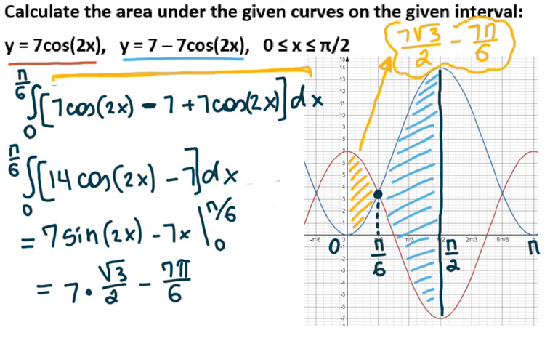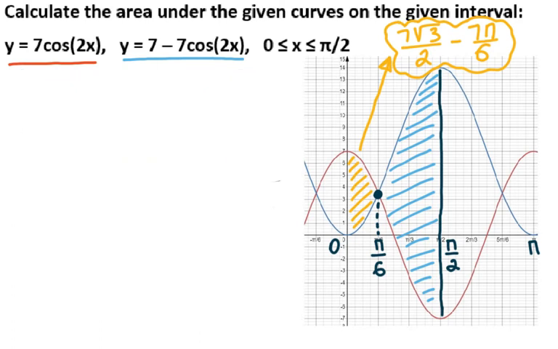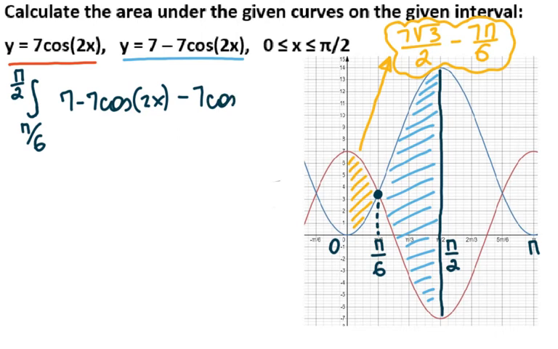So that is the yellow area. Now we're going to calculate the blue area and then we just add them. For the blue area, we have a different interval. It's between pi over 6 and pi over 2. The top function now is the blue one, which is 7 minus 7 cosine 2x, and the bottom function is 7 cosine 2x.